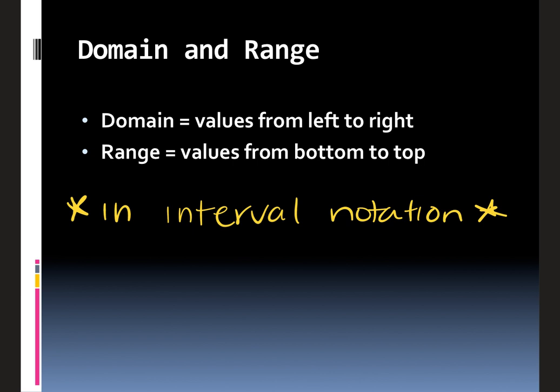From my domain, I go left to right, all the values that my graph covers, and range bottom to top, all the points that my y covers. Arrows going off the graph mean positive infinity or negative infinity, depending on which direction they point. If it's an open dot, it gets a parenthesis. If it's a solid dot, it gets a bracket, just like on the number line.